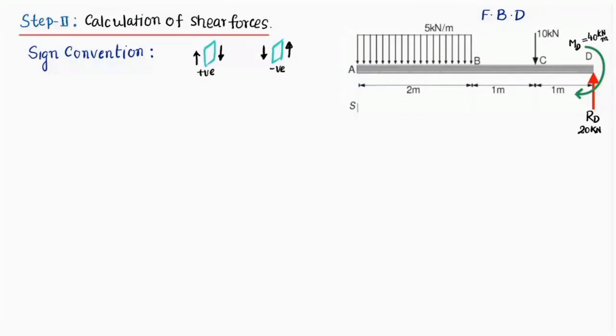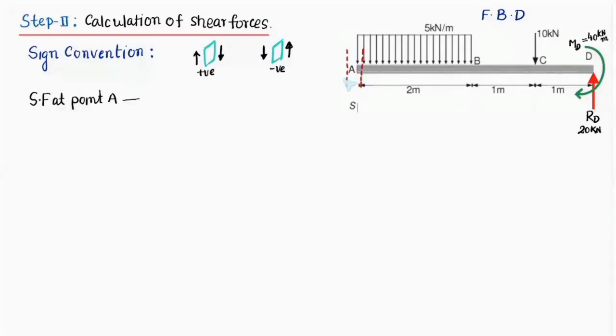So let me show you an example. You will understand easily with the help of an example. I'm going to take point A. Let's say shear force at point A. When we calculate the shear force at point A, we shall be keeping the plane just left side of this particular point A, and then we'll be moving towards the right side and just crossing the point A like this. So there are two possibilities of planes.